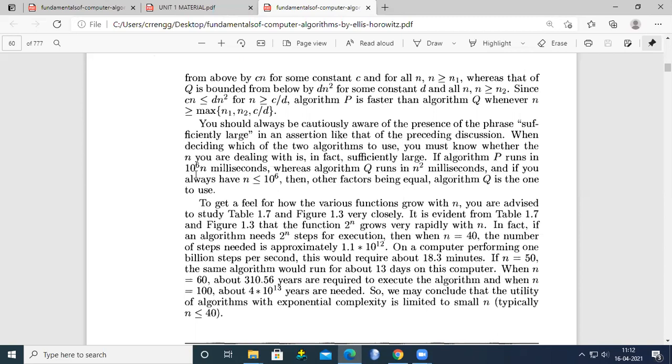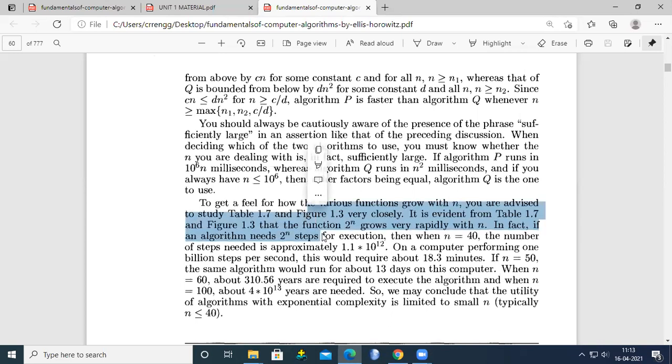So 10 power 6 into 10 power 4, that is 10 power 10 milliseconds. Now n square means 10 power 4 whole square, that is 10 power 8 milliseconds. Then algorithm Q, which runs in n square milliseconds, takes 10 power 8 milliseconds. So that is always better than the algorithm P.